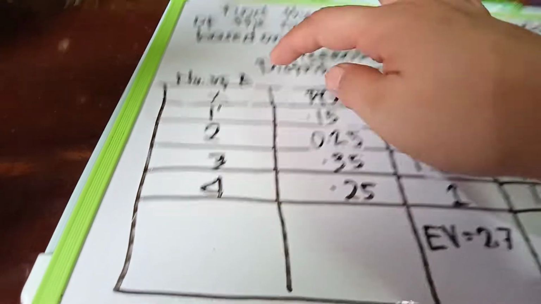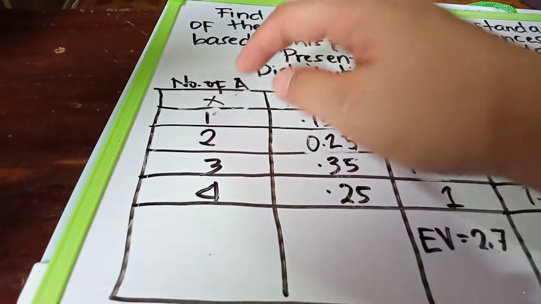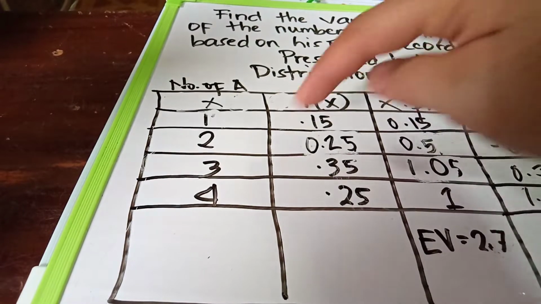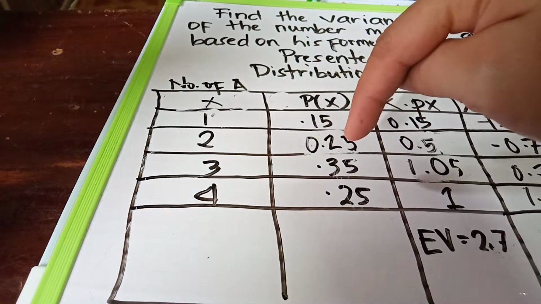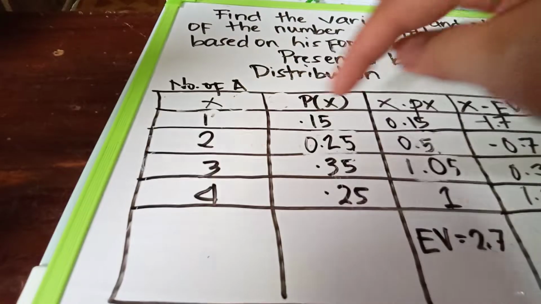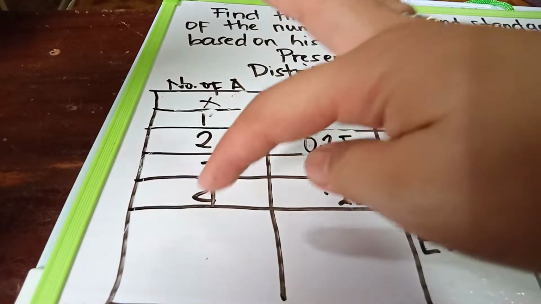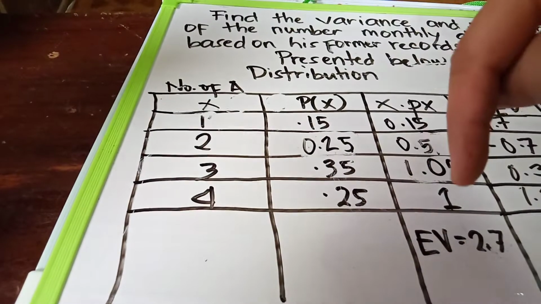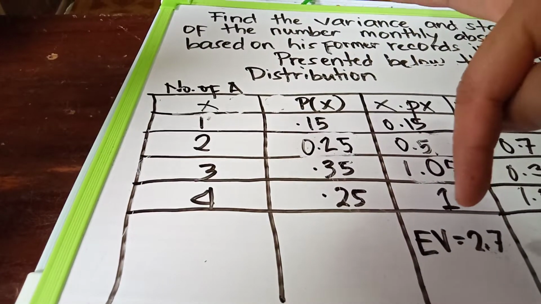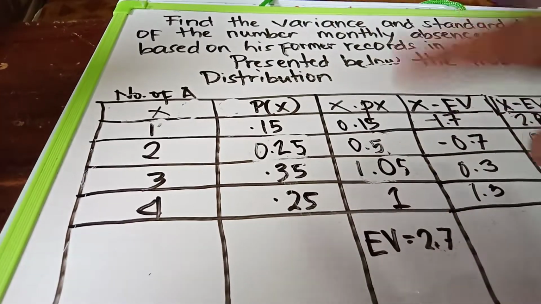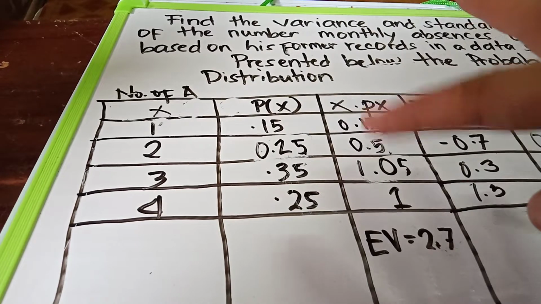Then we multiply: 1 times 0.15 is 0.15, 2 times 0.25 is 0.5, 3 times 0.35 is 1.05, 4 times 0.25 is equivalent to 1. So the expected value, the total answer, is 2.7.